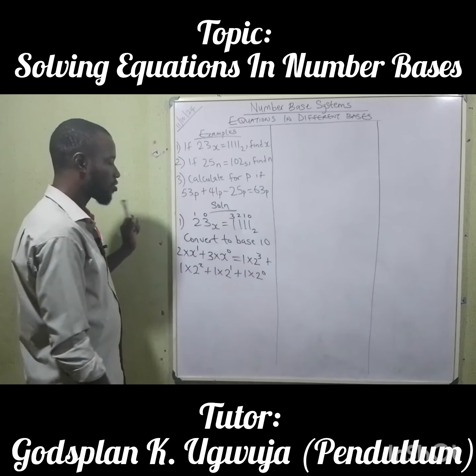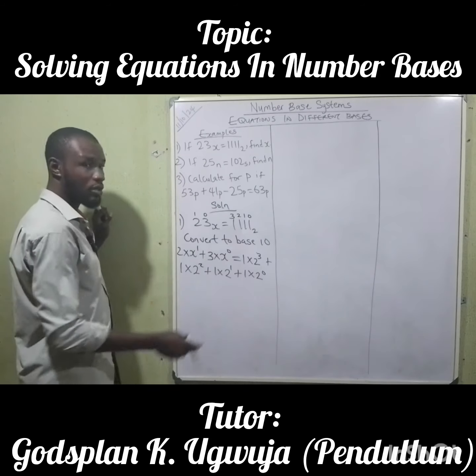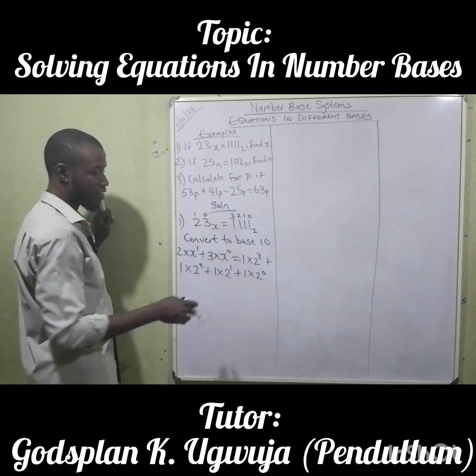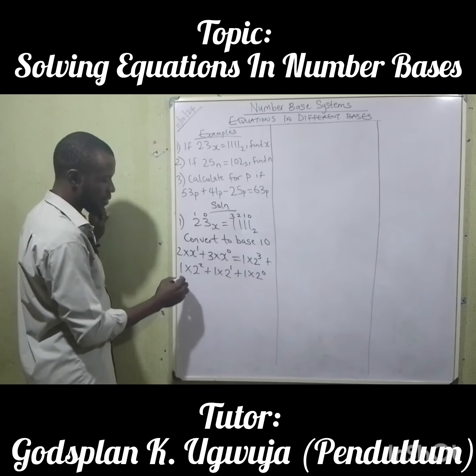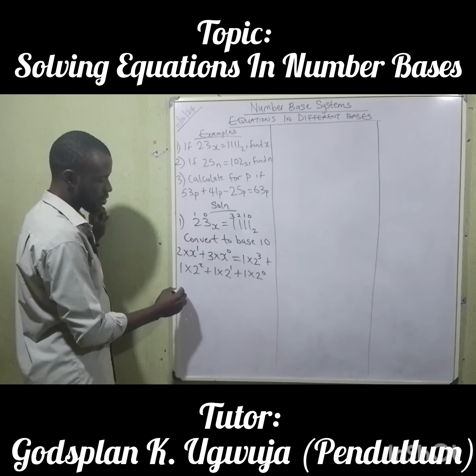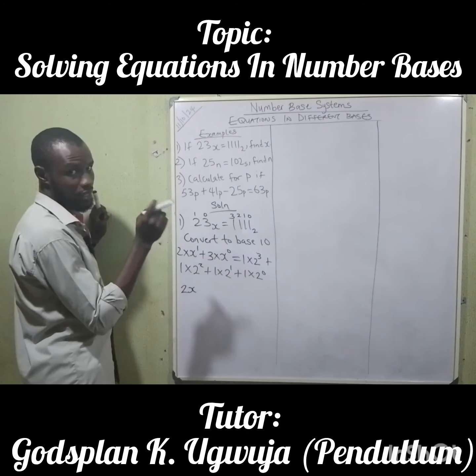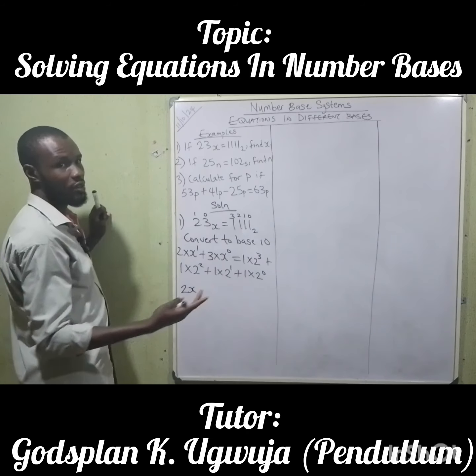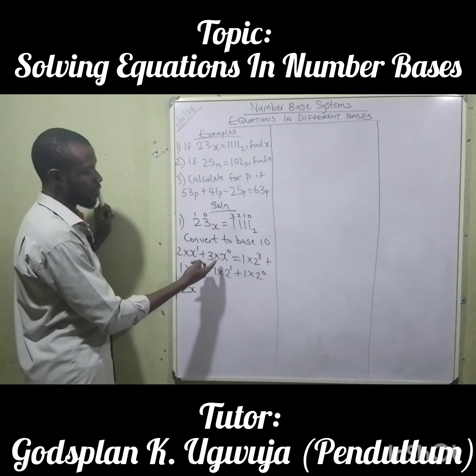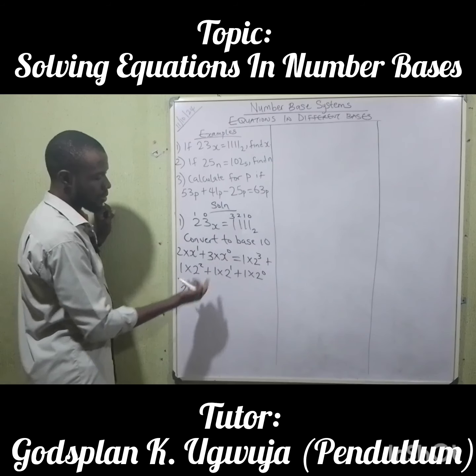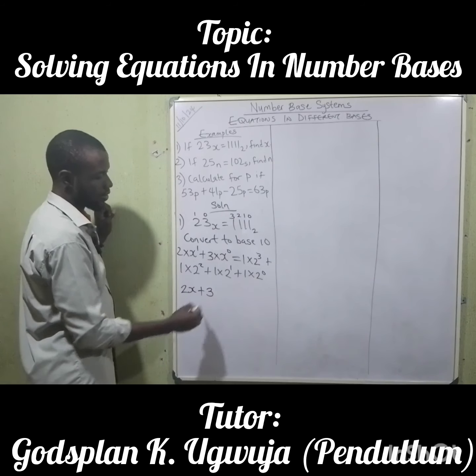So if you're able to expand both of them like this, you're already almost at the home stretch, because if we work on this, we'll get that x raised to the power 1 is x, so we have 2 times x, which will give us 2x. Then x raised to the power 0 is 1. Any number raised to the power of 0 is 1. Alright, so 1 times 3 is 3.